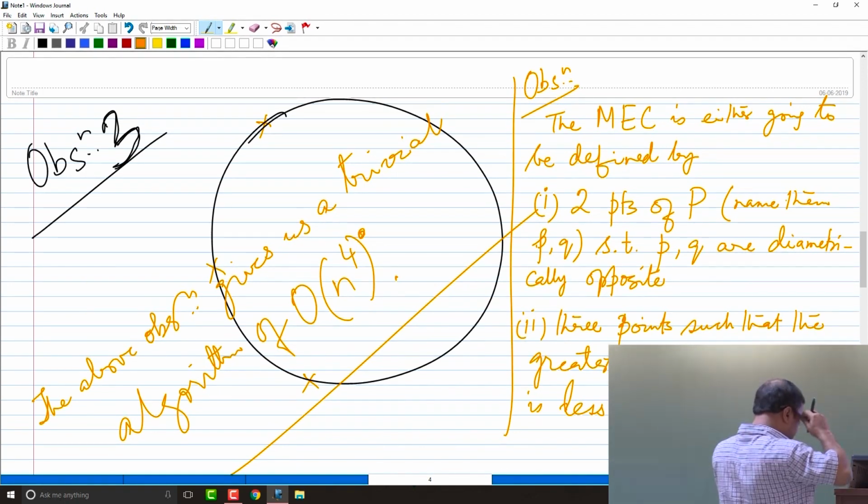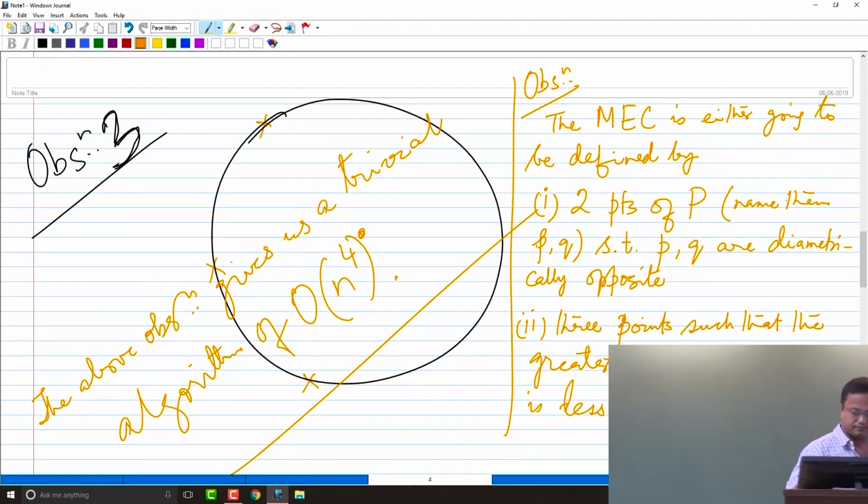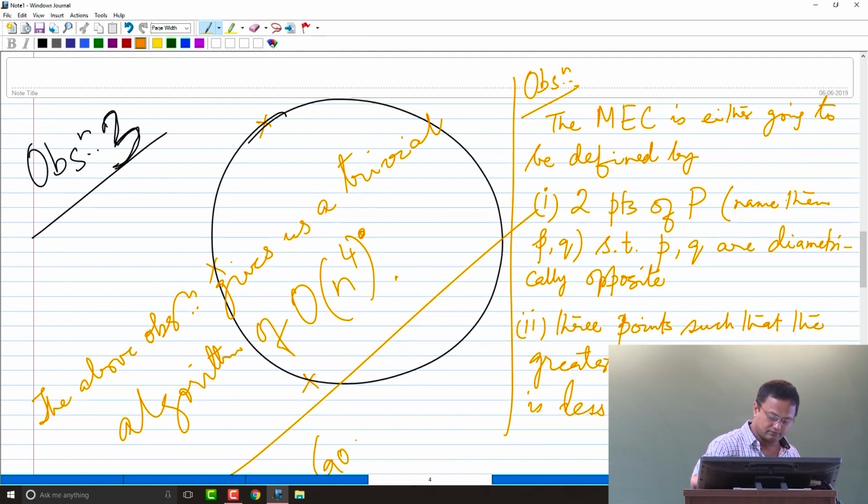Our goal is to bring this down to, how much do you want? Log n cannot be, right, it cannot be sublinear, no, you have to at least read all the points.